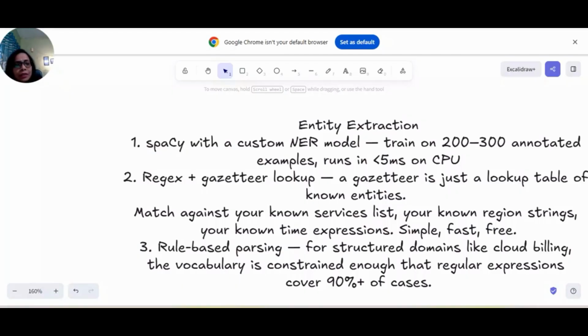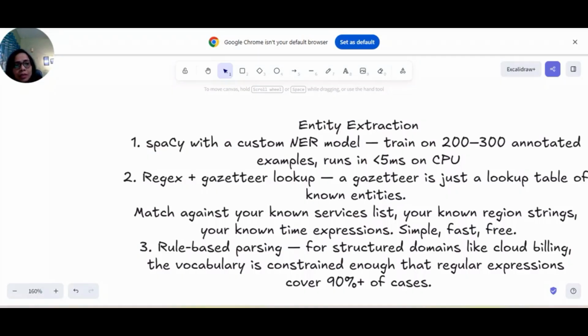For example, a very simple query: what was the revenue of this specific team last month? Entity extracted: specific team name, last month revenue. There is no ambiguity present in this simple query, right?